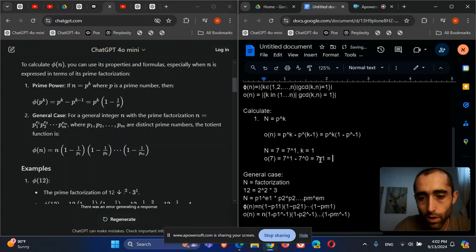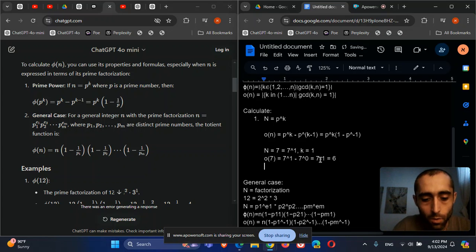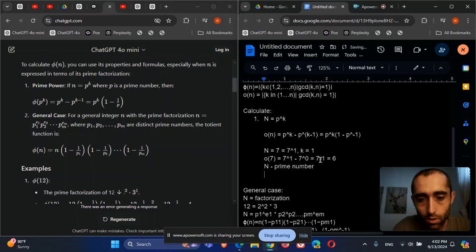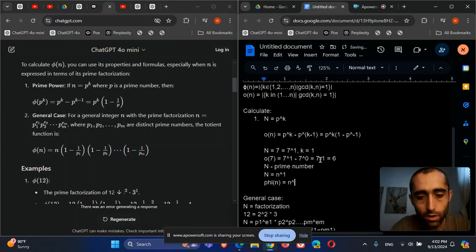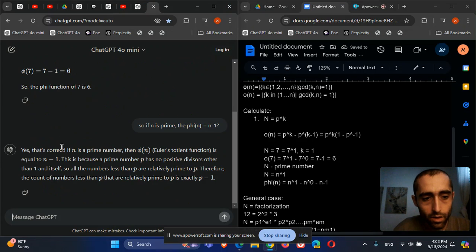So it's 7 minus 1, so again, it's 6. So if I have n prime, this formula comes as n equals n to the power of 1, and therefore phi of n equals n to the power of 1 minus n to the power of 0, which is n minus 1, which is what we just said, that phi of n if n is prime is just n minus 1.